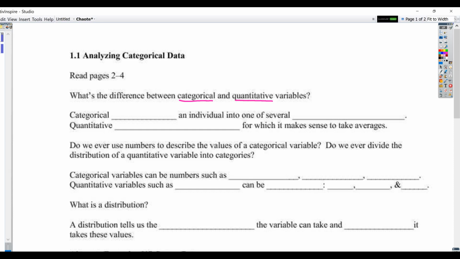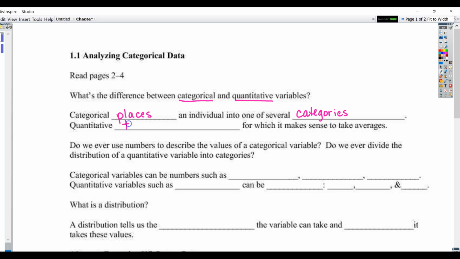Categorical data will place an individual into one of several categories. That kind of makes sense. So it's not something numerical per se, it's just whether someone has brown hair, blonde hair, blue eyes, brown eyes, that kind of thing. Those are categories.